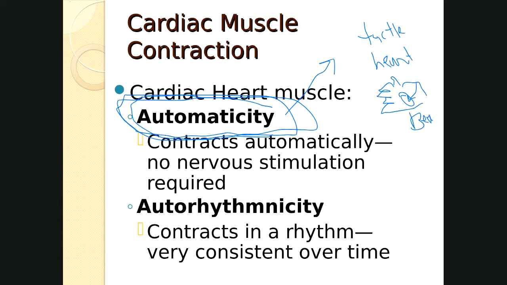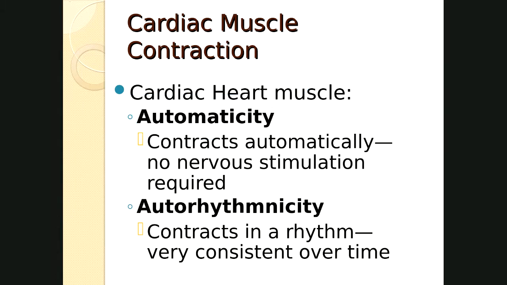Doesn't have any nerves, it doesn't have any blood vessels, doesn't have anything, but it'll just keep beating until it eventually dies. Now, a turtle heart, that may take an hour or 2. It doesn't take that long in humans, but the same thing happens in humans. Humans' hearts are automatic. They contract automatically without any nerves. Does that make sense to everyone?